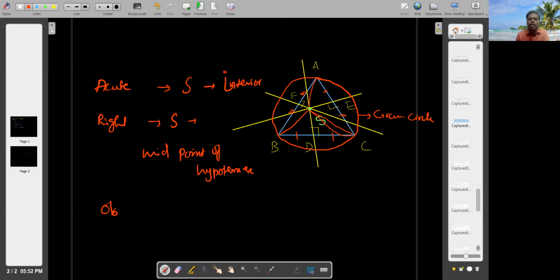If it is an obtuse angle triangle, circumcenter lies exterior of the triangle. Right? In this concept, we are going to consider the lengths of sides of triangle ABC, BC as small a units, AC as small b units, AB as small c units.